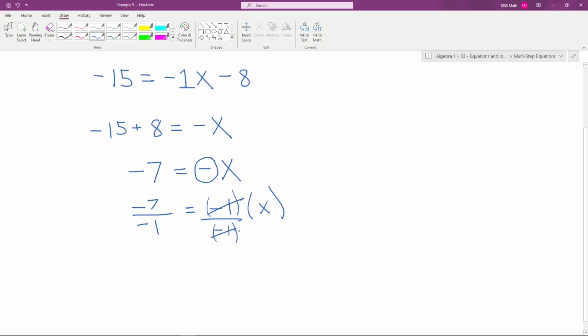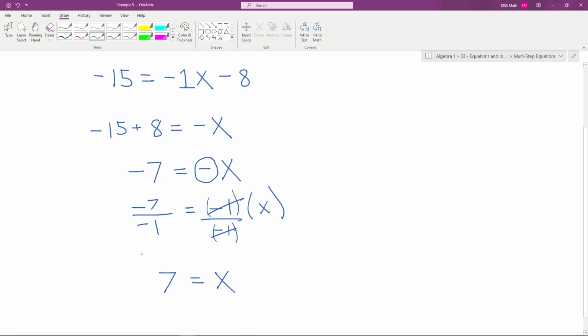These cancel, and negative 7 divided by negative 1, well, negative divided by negative is a positive, so we get positive 7 equals x.